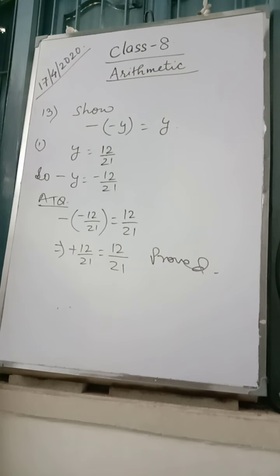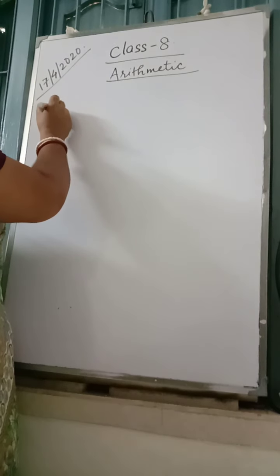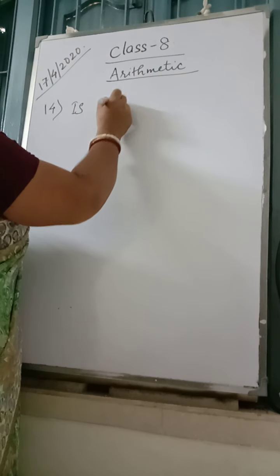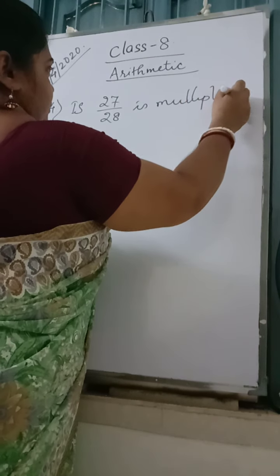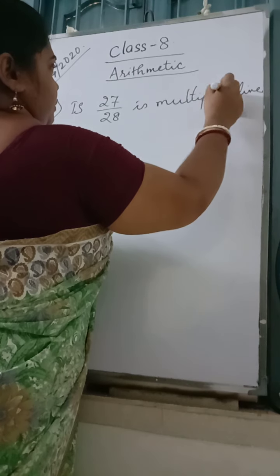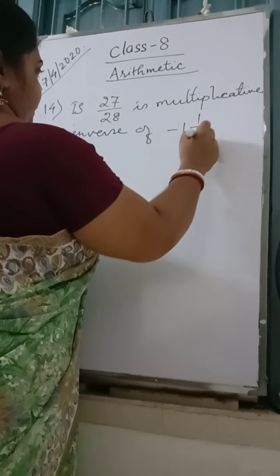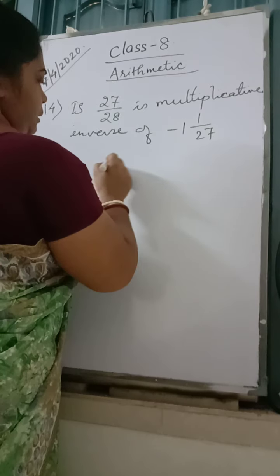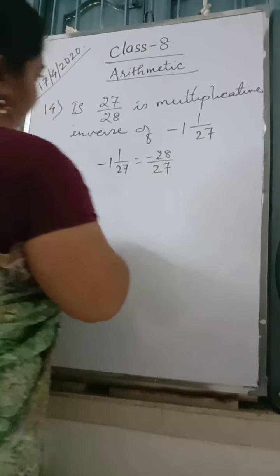Number 14 asks, is 27 by 28 the multiplicative inverse of minus 1 whole 1 by 27? Minus 1 whole 1 by 27 gives you minus 28 by 27.